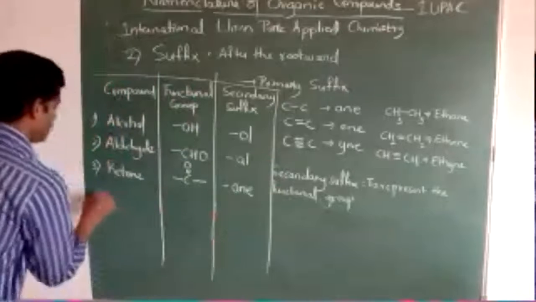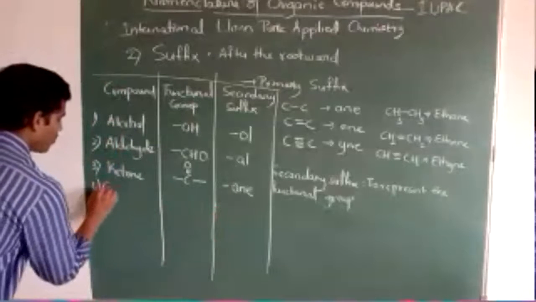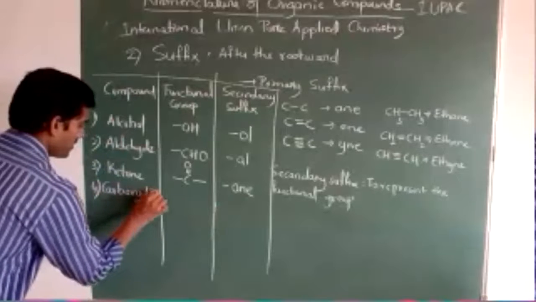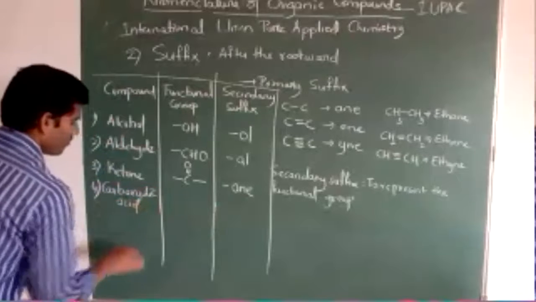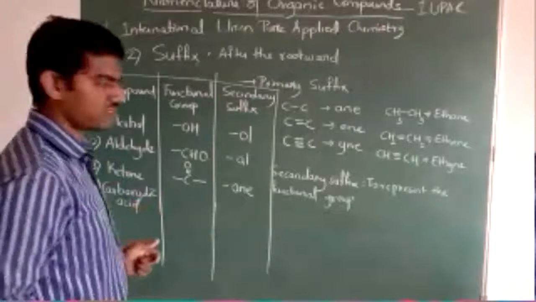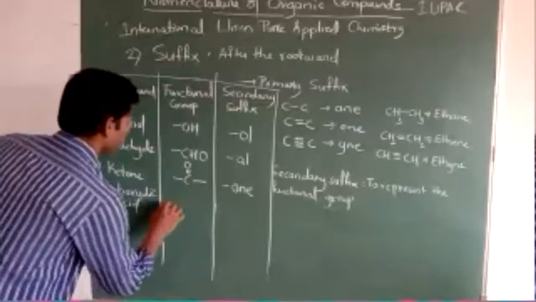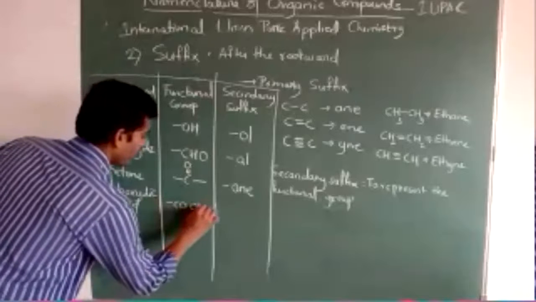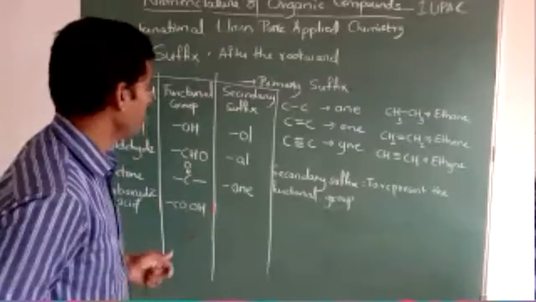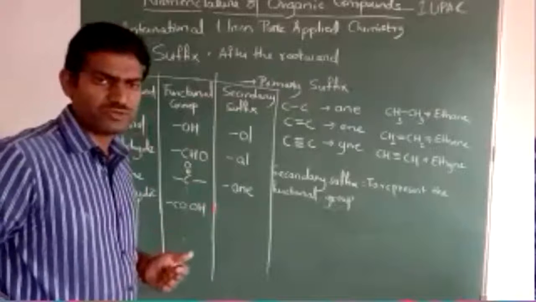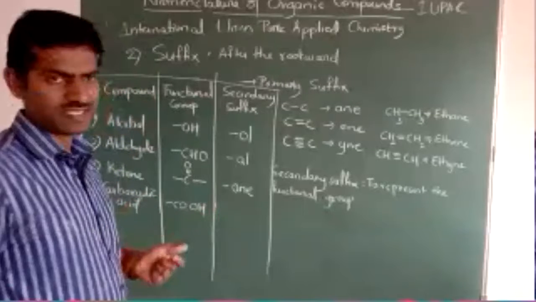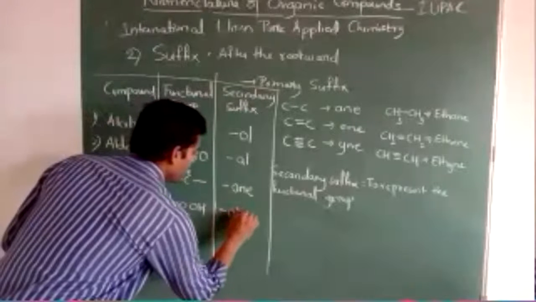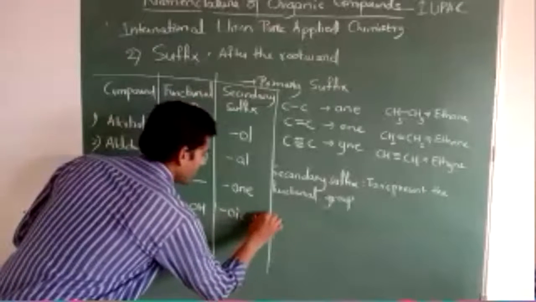Fourth one, carboxylic acid. The functional group for carboxylic acid is COOH. The secondary suffix we use for carboxylic acid is oic acid.